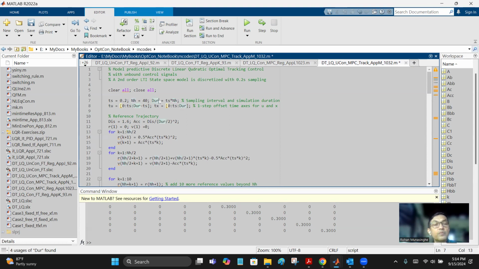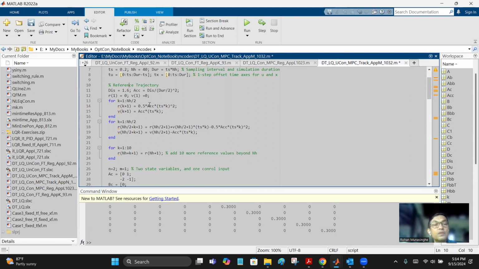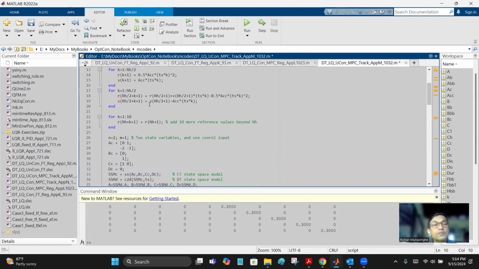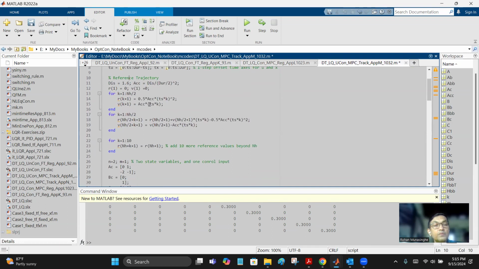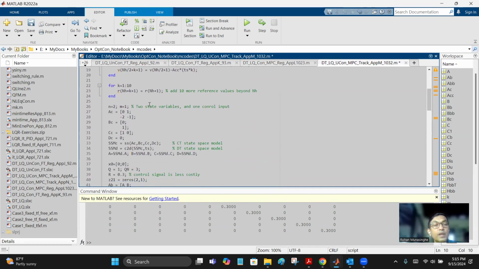The total time. This is the time duration for this window. Then what else? You can read through this one without much trouble.